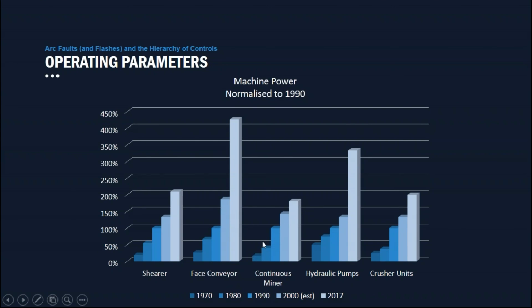The machine powers are, again, just something indicative: shearer, base conveyor, continuous miner, pumps, crusher units. Normalised to 1990, we can see we're up to 4 times the power here, 3 times the power. Interestingly, our electrical infrastructure has not changed much while the power has increased.